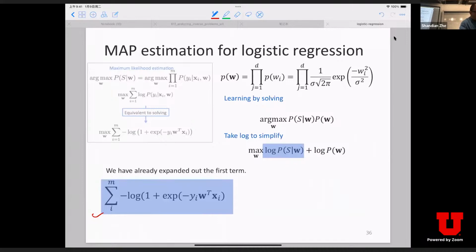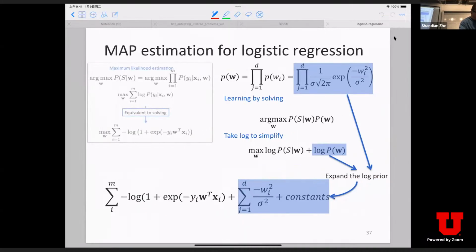For the logarithm of the prior, we use a Gaussian prior. If you take the logarithm of this prior, you will see that it becomes a summation of the square of each weight element over the variance sigma square, plus some constant. This constant has nothing to do with W, so we can just ignore it during our optimization.